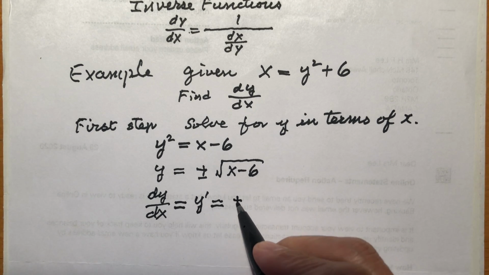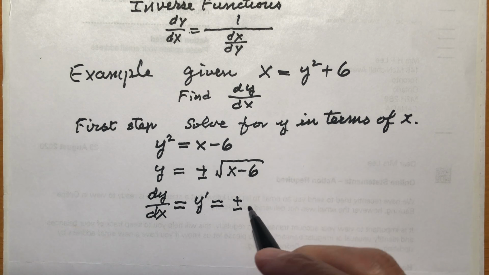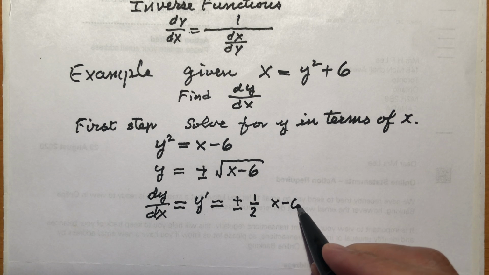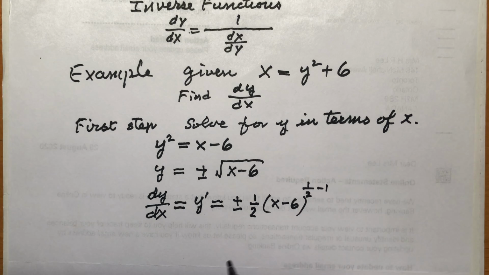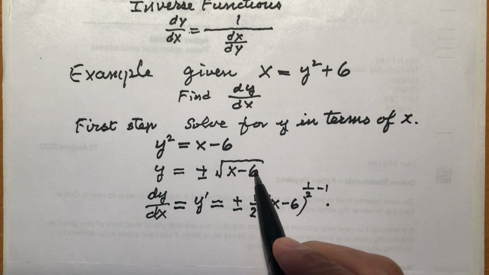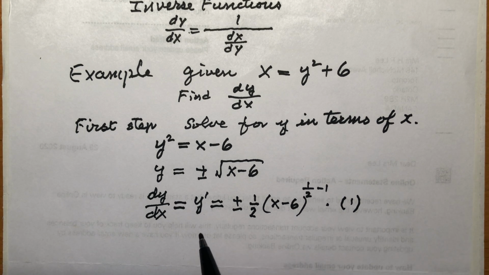So plus minus. This is power 1/2. So 1/2 goes to the front, and 1/2 minus 1, followed by multiplying the derivative of what's inside. The derivative of what's inside is just 1. So what do I have?